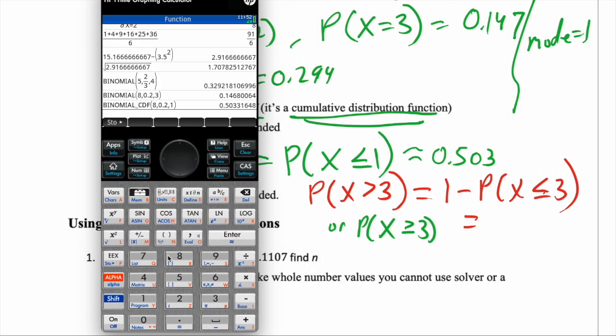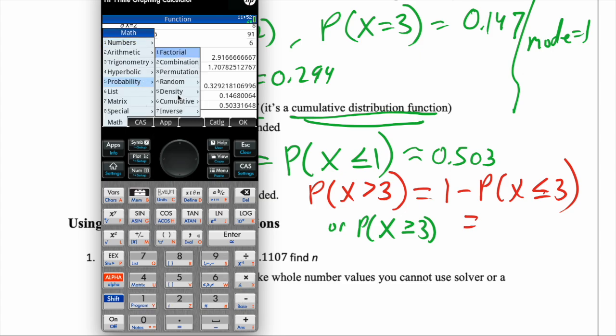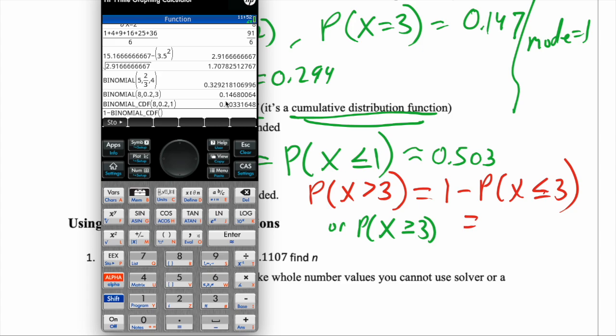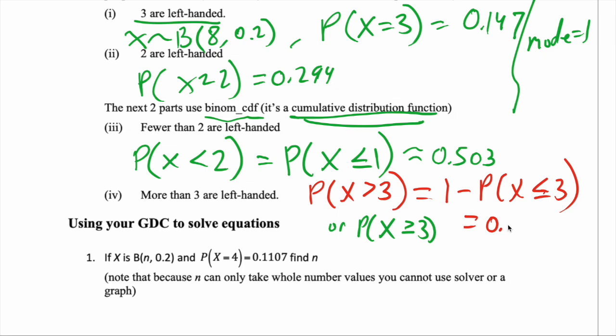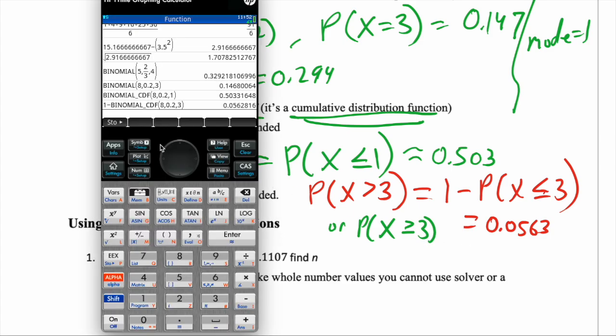So I can do 1 minus probability cumulative binomial, and then we type in 8, 0.2, comma 3, and yeah, you do 1 minus that, you get 0.0563.